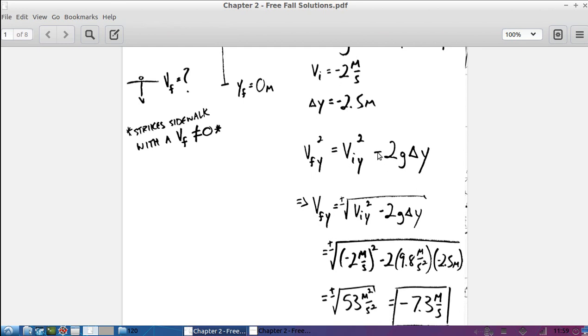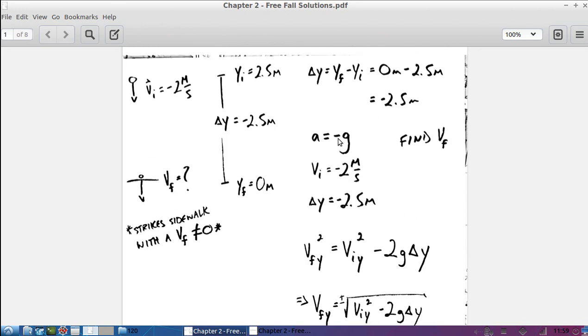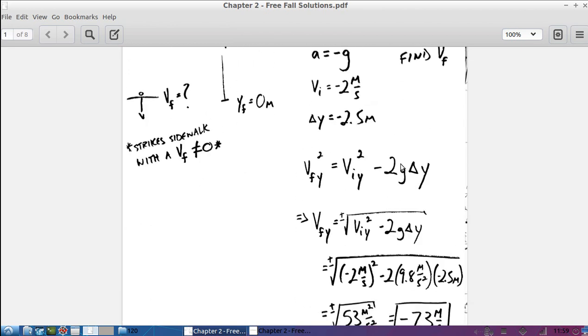This negative sign is simply saying that acceleration is in the negative y direction. So you can do one of two things. Make this negative, plug positive g in for your acceleration, or keep this positive, substitute a negative 9.8 meters per second squared in for acceleration. Okay. So make sure you do one of those things, but don't do both.